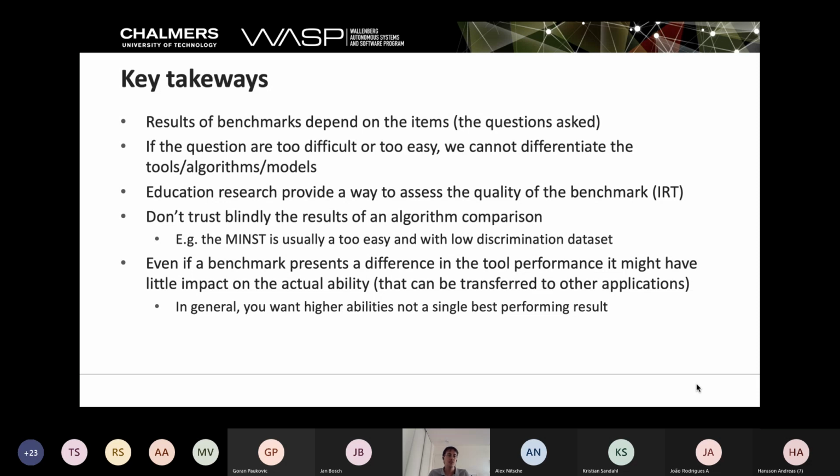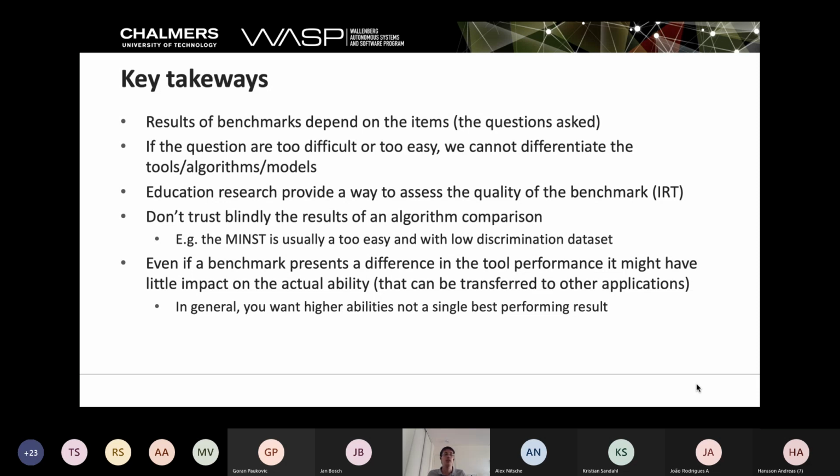And this means that you should not blindly trust the results of an algorithm comparison that you see in Medium or in a paper, just because they use common data sets. For example, the MNIST data set is too easy and has a very low discrimination factor for semi-supervised learning algorithms.